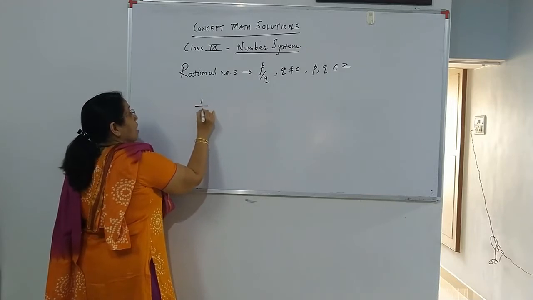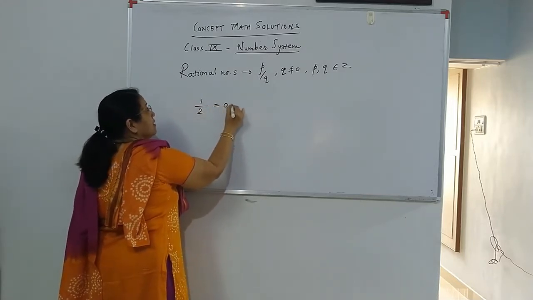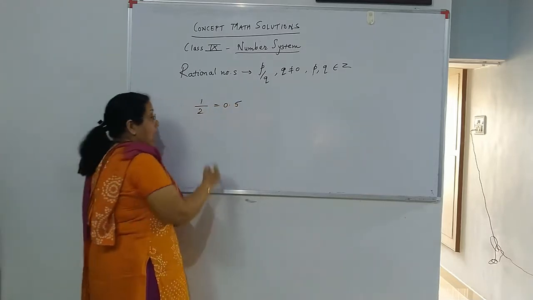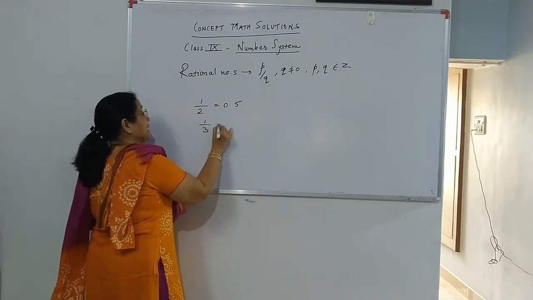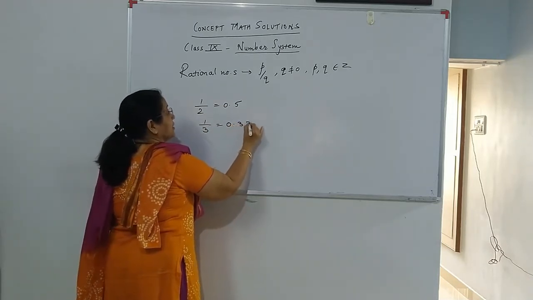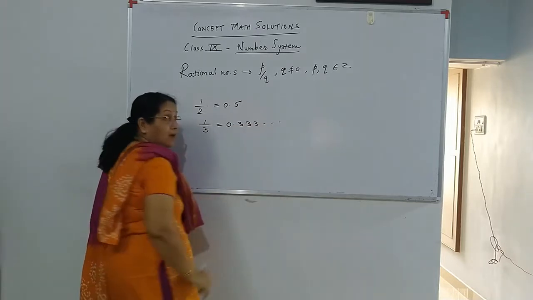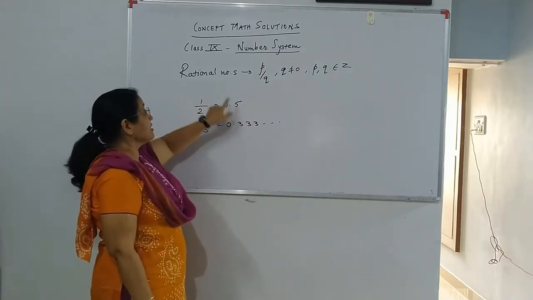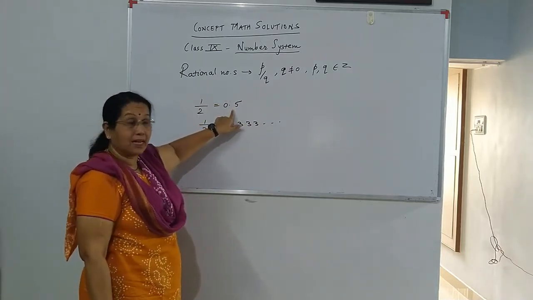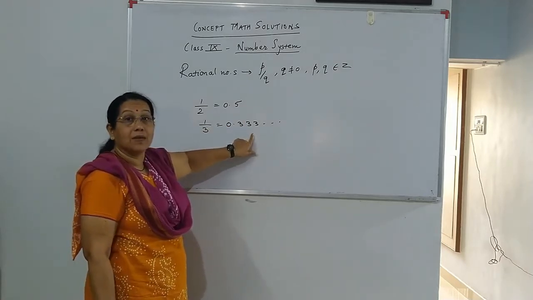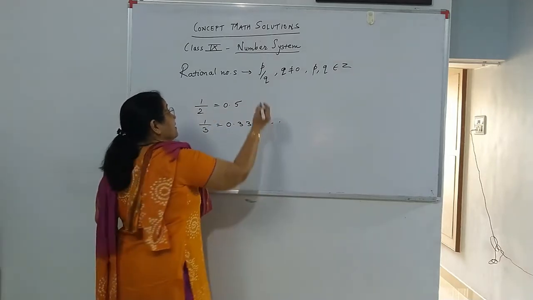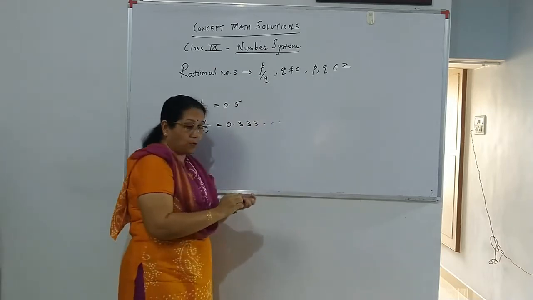Suppose I have 1 by 2, and you all know that it is 0.5. And if I have 1 by 3, then everybody knows that it is 0.333 and so on. That is, for a rational number, the decimal can be terminating or it can be non-terminating but repeating. That is the second character of a rational number.